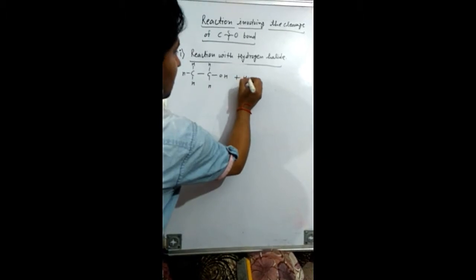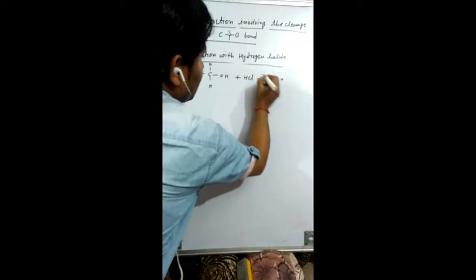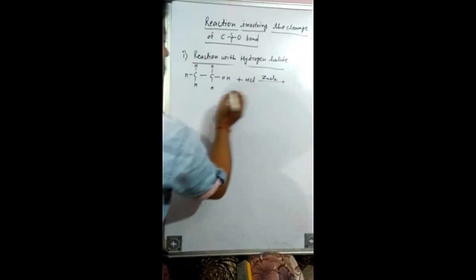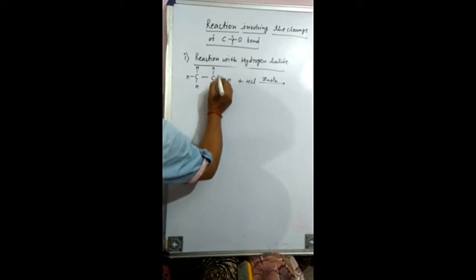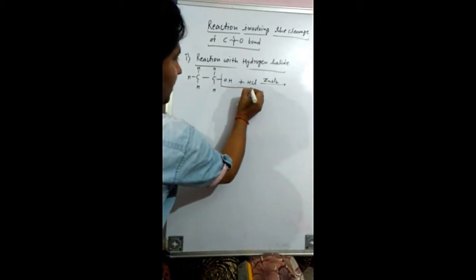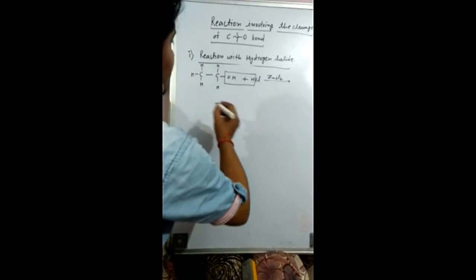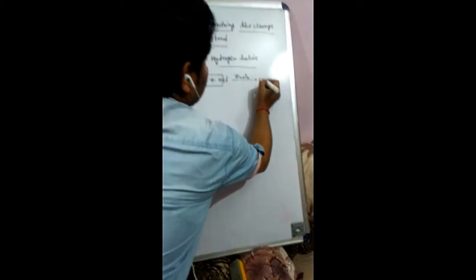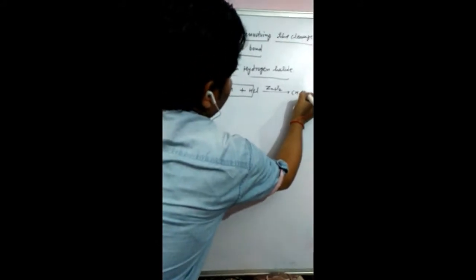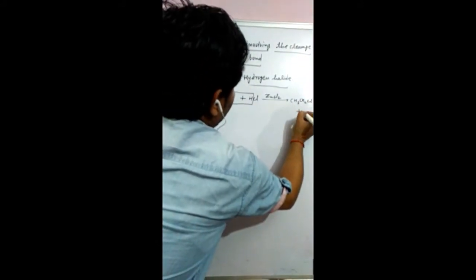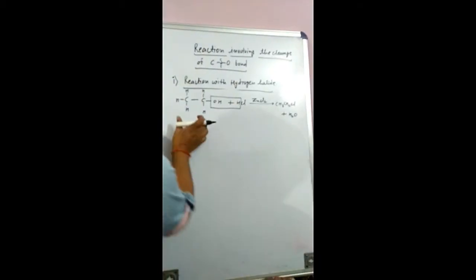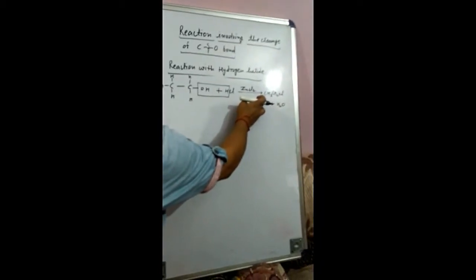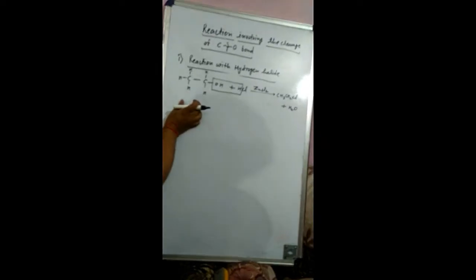React with HCl in the presence of ZnCl2. Then this carbon oxygen bond splits up and this OH reacts with H. That will give us H2O. We are getting CH3CH2Cl plus H2O. That means ethyl alcohol will give us chloroethane. That is the primary alcohol.